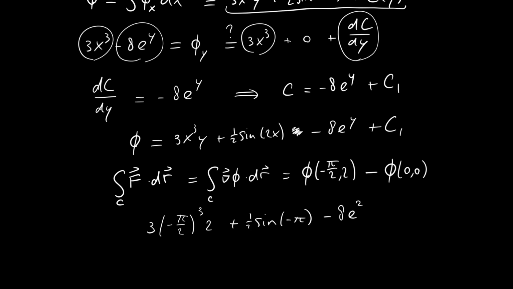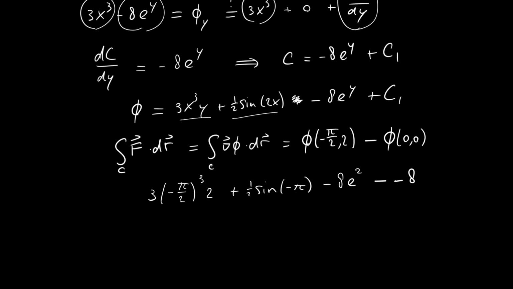And then we can, of course, ignore the integration constant here. And then we have to subtract phi at 0. So it's minus, and the first term will give me 0 there. The sine will also be 0. And then we have to subtract minus 8 e to the power 0.